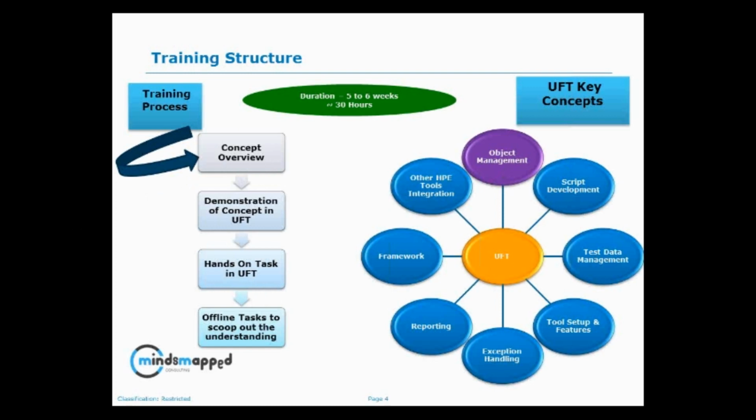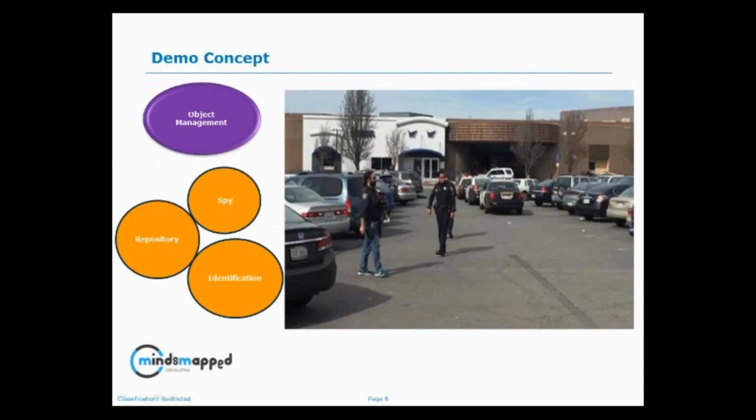So let's see an example of how UFT recognizes an object, and what the concepts behind UFT's recognition process are. We'll understand that part now. Okay, I have put this image, and I need your help. If you see the image on the right, we have the cop's car, and it's in front of a mall or something.